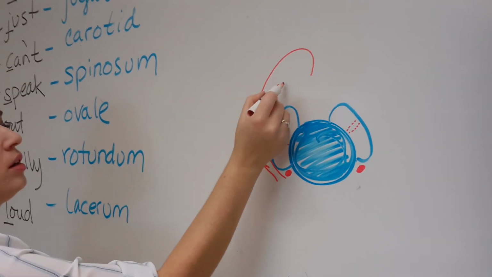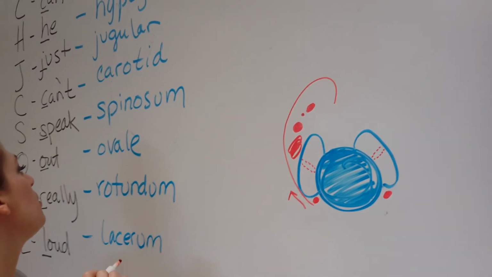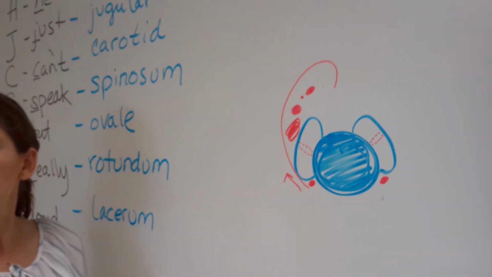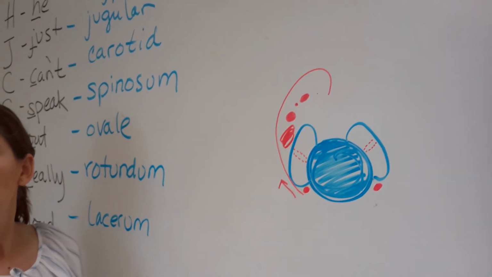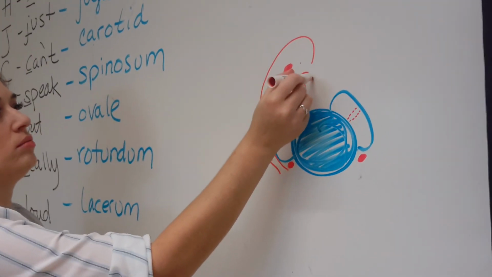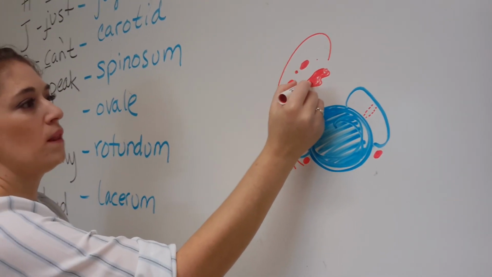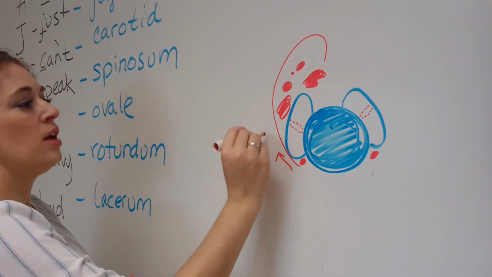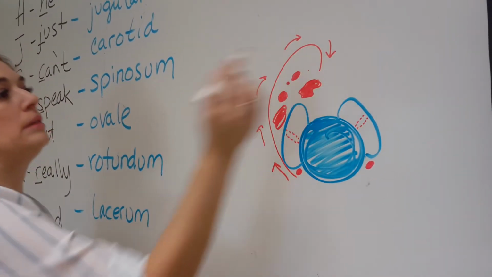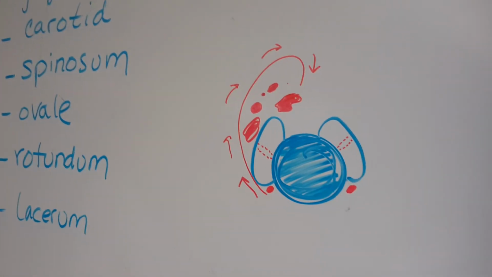Then we have our oval, or lovely oval. I'm trying to make them the right shapes. Then we have a little tiny dot. What's the name of the little tiny one? And then lastly, lacerum, which is like laceration, so it's a big one, okay? So if you just follow the loop, you should be able to figure out those 8 foramen, okay?